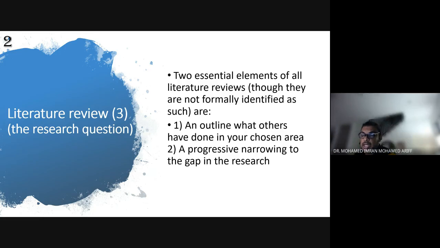Contohnya macam ni lah. Kalau kita nak melihat shopping trend, okay? So you want to look at shopping trend in the online market, okay? So why do you say it's important? Why? What is the gap that you need to look at shopping online trend?